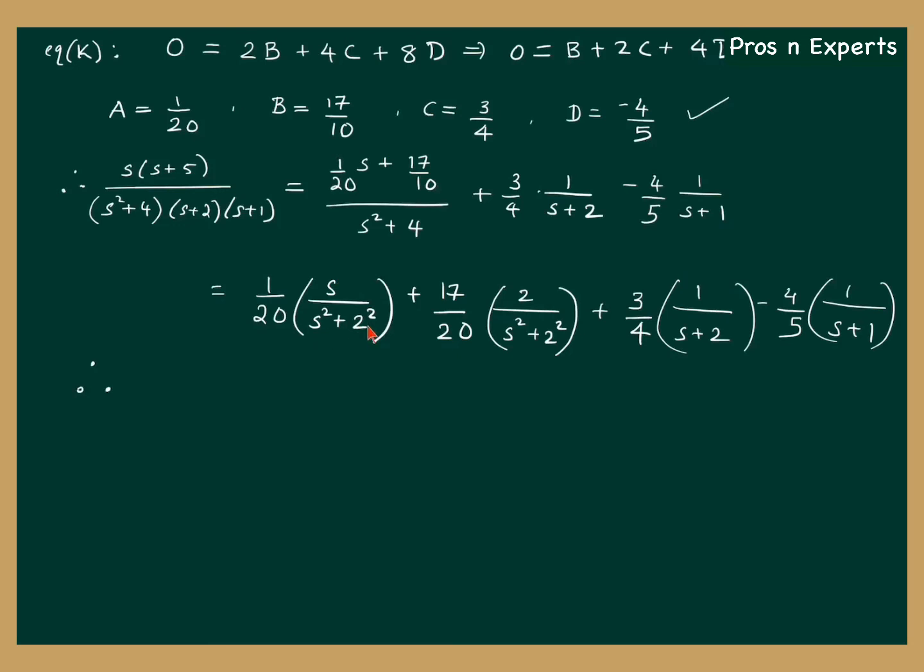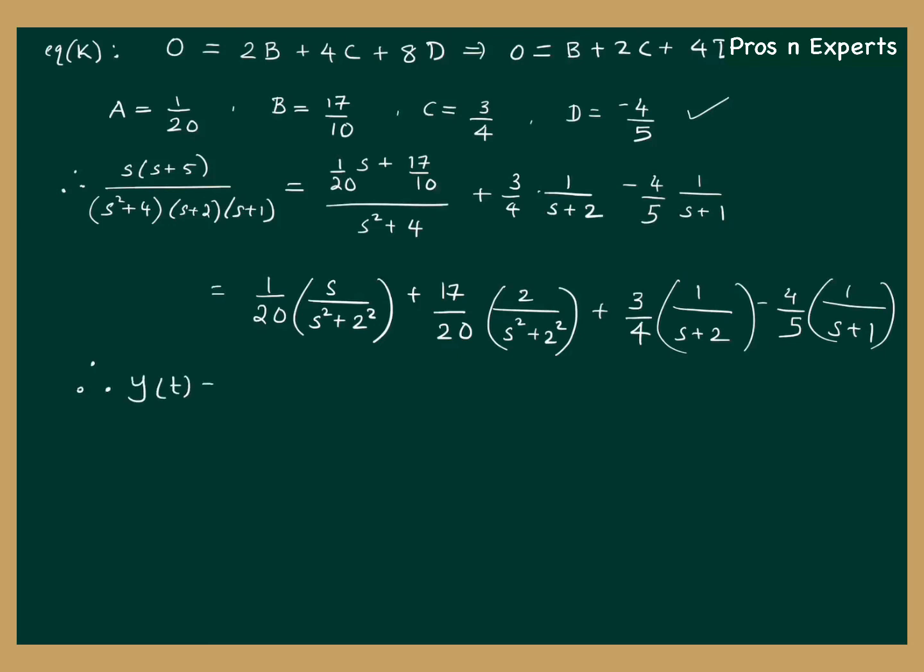This is 2 by s square plus 2 square, whose inverse transform will give you sin 2t. This is the Laplace transform of e raised to minus 2t, and this is the Laplace transform of e raised to minus t. Now it's only a matter of completing that equation.